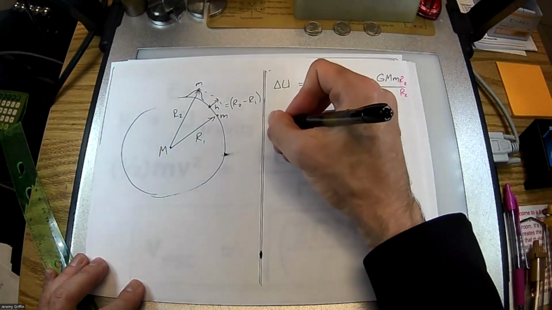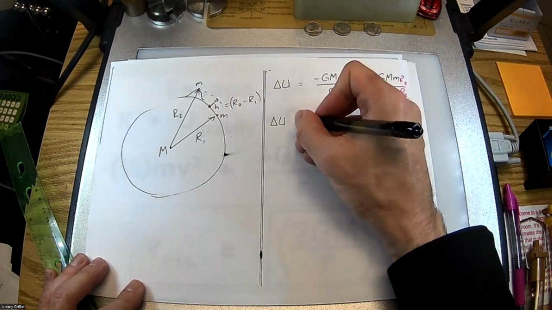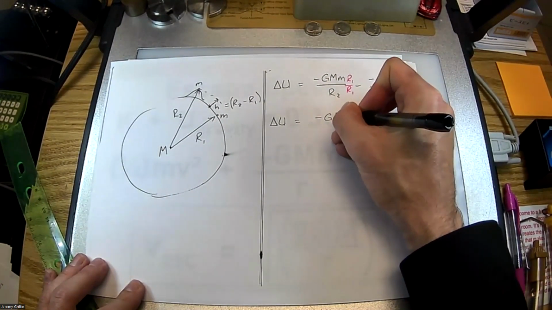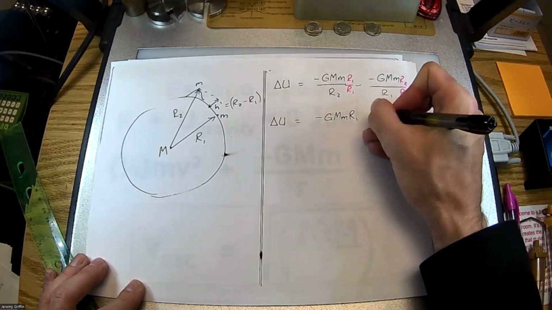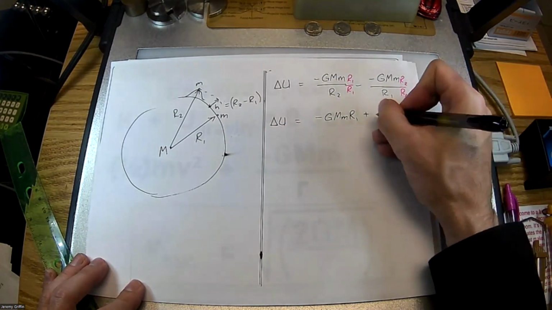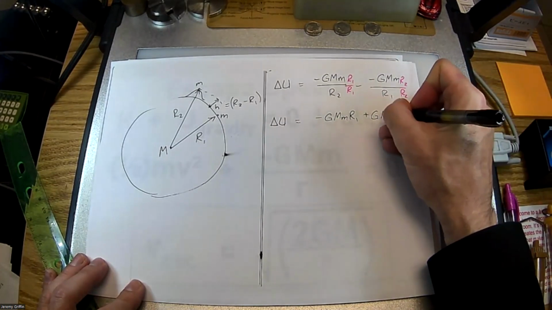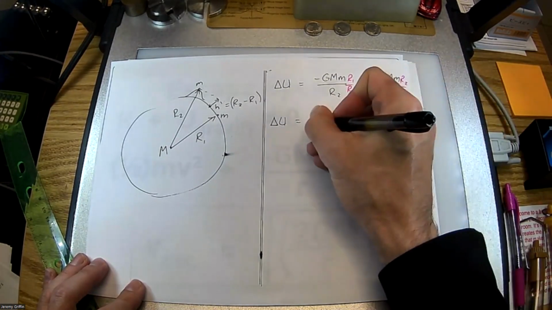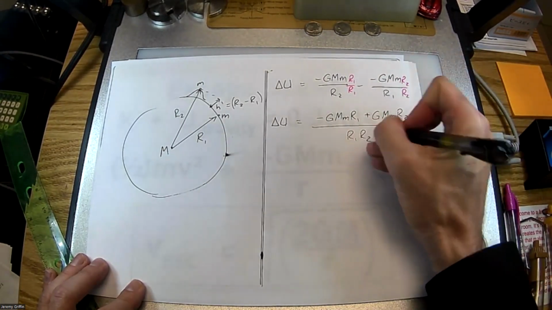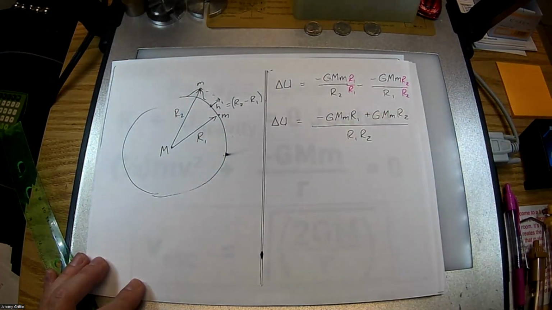So the difference in potential energy from the top of the mountain down to sea level is negative GMm R1 minus a negative. Oh, guys, minus a negative. Does that just turn into plus? GMm R2, all over R1 times R2. Is that like that, right?